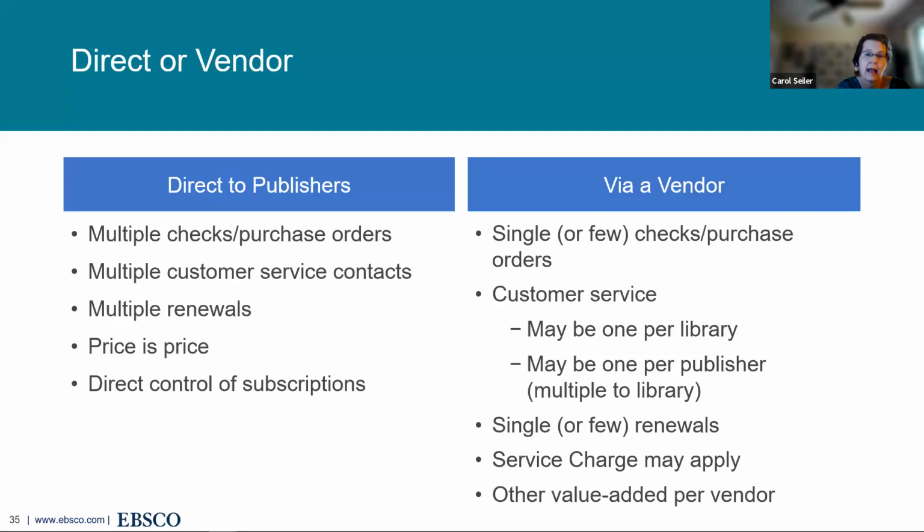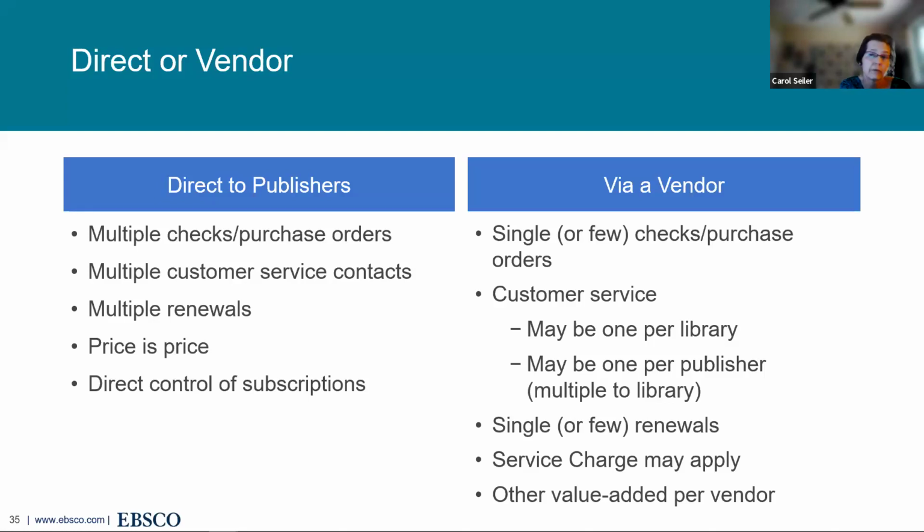Some vendors have one or multiple customer services per publisher, or a group of publishers will be handled by Sandra, and a group of publishers will be handled by Janice, and a group of publishers will be handled by Barbara. So be aware of what you're getting when you work with a vendor. Do I get my own dedicated customer service rep? Do I have a list of who to go to for what?